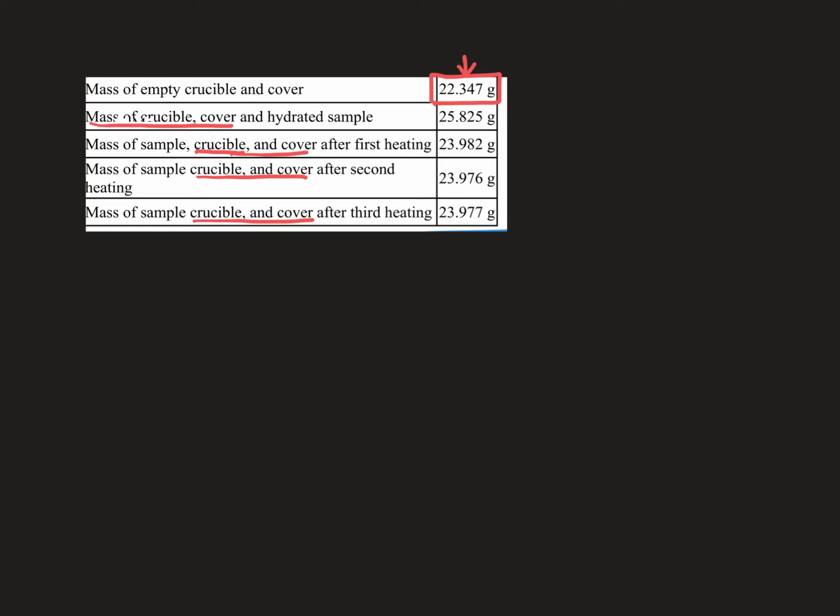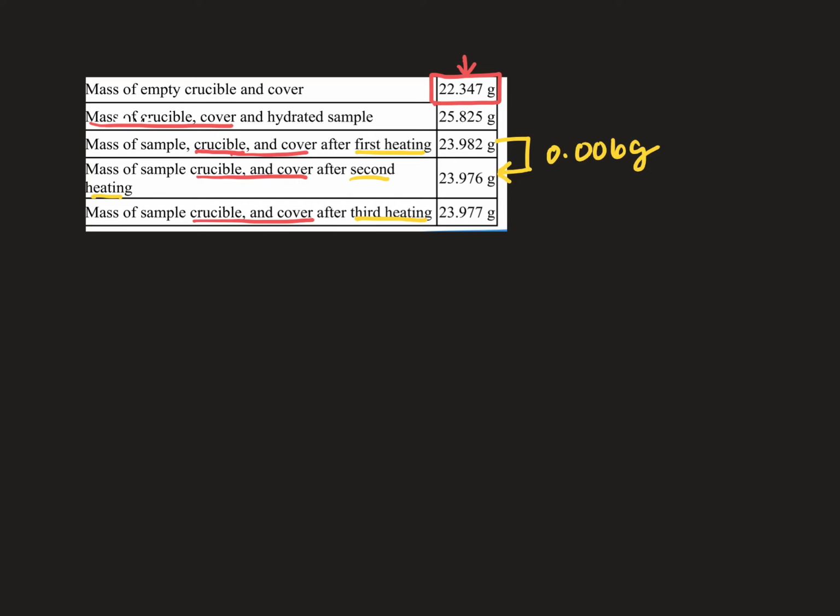So now we look at the other pieces of information. So now we have first heating, second heating, and third heating. So what I want you to notice is that between the first and the second heating, the mass went down by 0.006 grams. So that's not within a tolerance that we're looking at, the plus or minus within the sig figs.